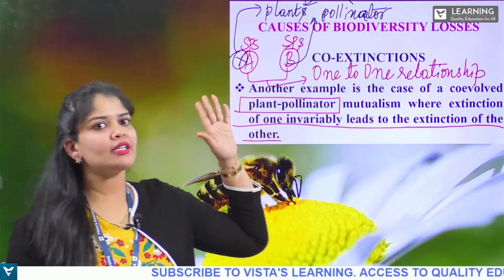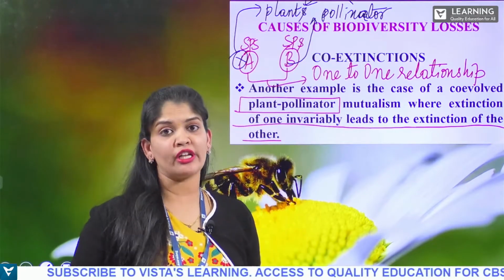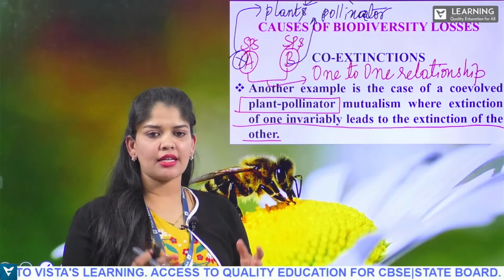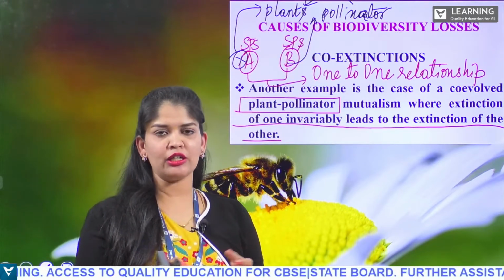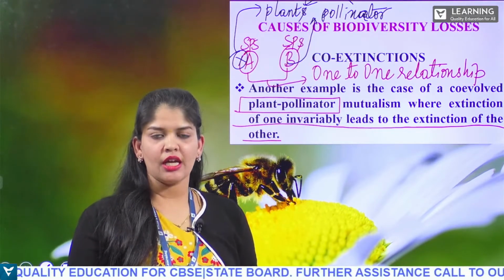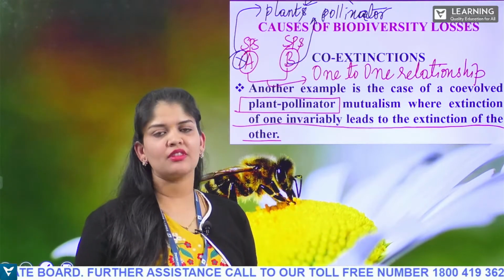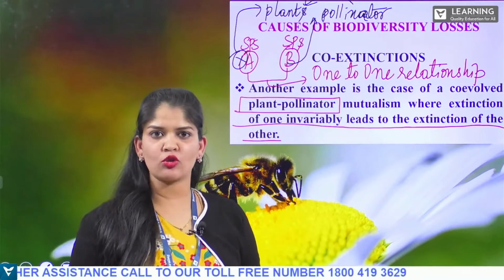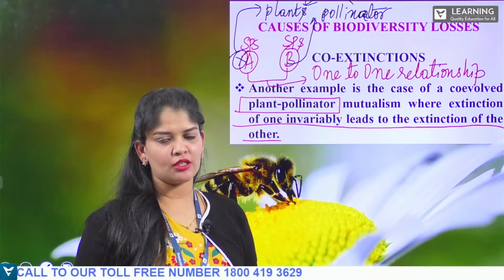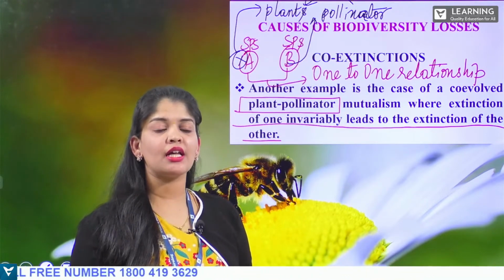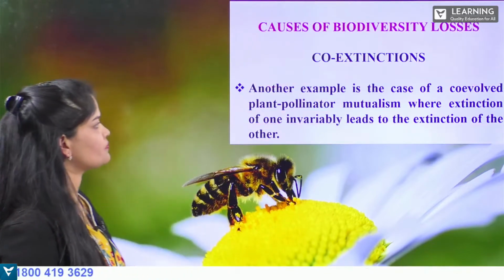Both plant and pollinators exist in a mutualism, one-to-one relationship. As one species is not there, the other will not get its help. It will not get its support. Therefore, the other species also will go extinct. This concept is called co-extinction. Co-extinction happens in the case of species where they co-evolve, right?